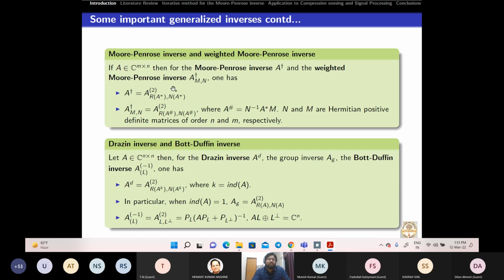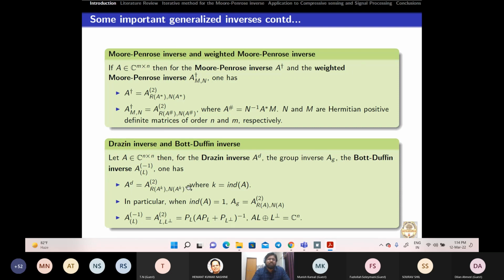It means that if you have any m cross n matrix, and you take T as the subspace of Cn equal to range of A star, and you take the subspace S as the null space of A star, then the outer inverse A_{R(A*),N(A*)}, which is like A_{T,S}, will become the Moore-Penrose inverse. Similarly, if I am looking for the Drazin inverse, the Drazin inverse is the outer inverse A_{T,S} with respect to range of A^k and null space of A^k.